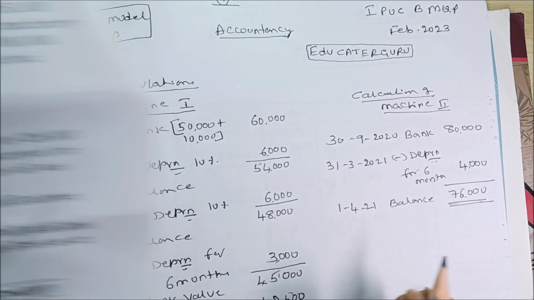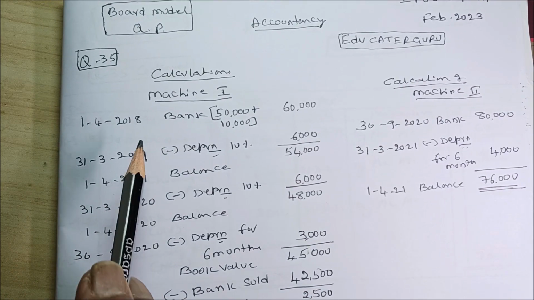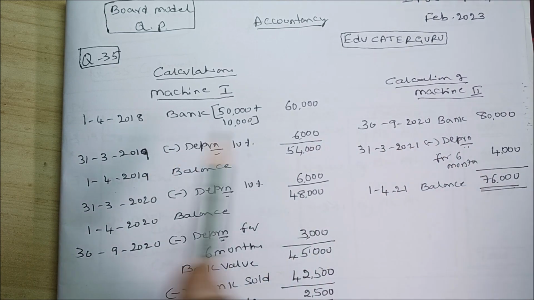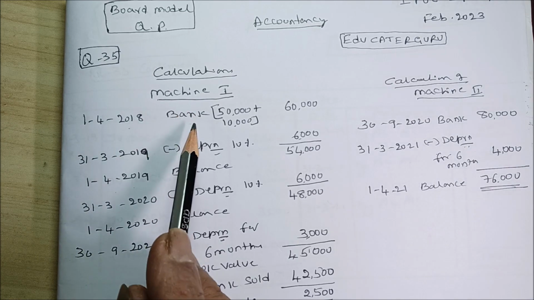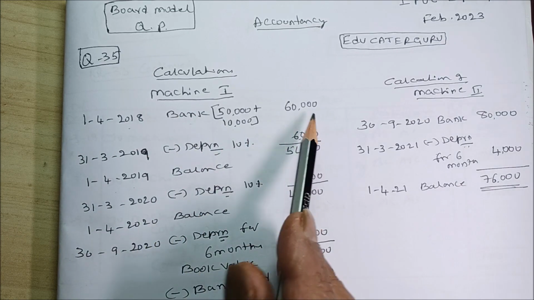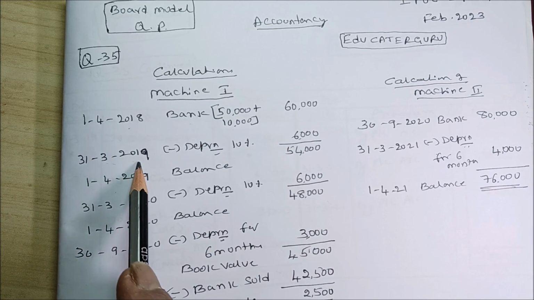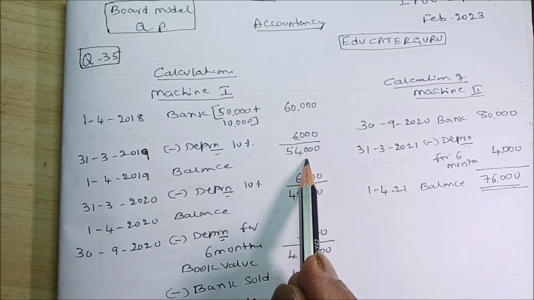So very simple. What I have done here is, machine 1, machine 2. This is the old machine, this is the new machine. 1/4/2018 purchased machinery 50 plus 10, 60,000. 31/3/2019, 1 year, less depreciation 10%, 6,000, then it comes to 54,000.